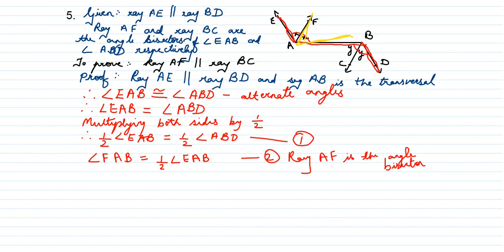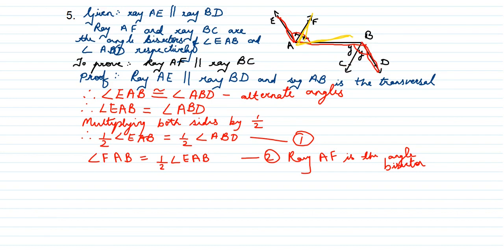Then we move on to the next angle, that is half angle ABD, this angle. What is half angle ABD? Angle ABD is over here, so half of it will be angle ABC or angle CBD. Why? Because ray BC is the bisector. It divides this angle ABD into two equal parts. So we can say that angle ABC is half of angle ABD.